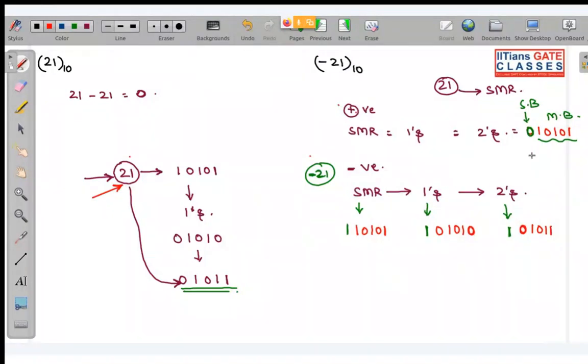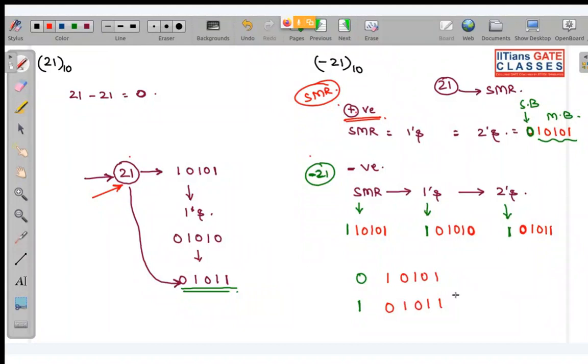Now can you tell me why, for positive numbers, the representation in sign magnitude is the same as the representation in 2's complement? You can see all three are the same. Can you tell me? Already I have told you.